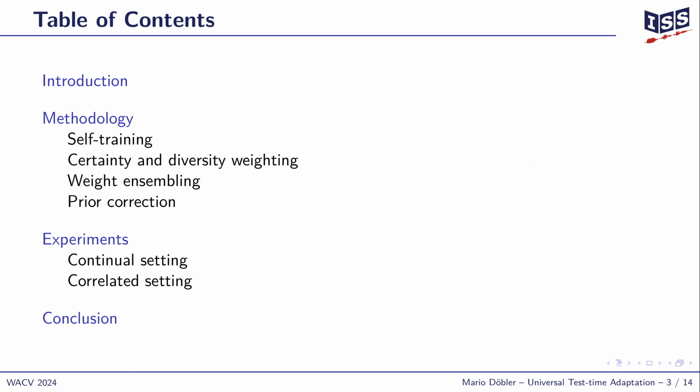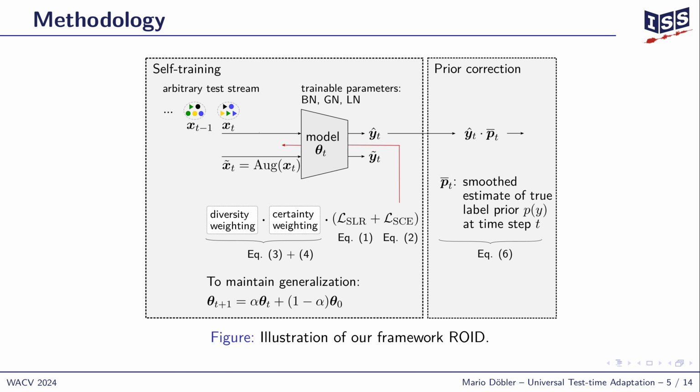Coming next to our proposed methodology, we will start with an overview and then dive into our components. Finally, we give a limited overview of our experiments, showing results for the continual and correlated setting, and finally drawing a conclusion. So, the overall method is based on self-training.